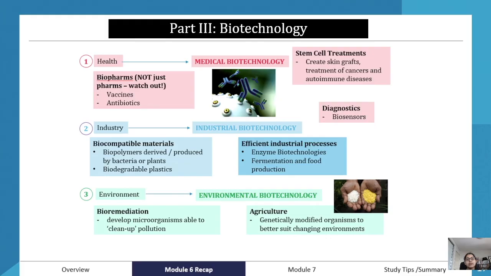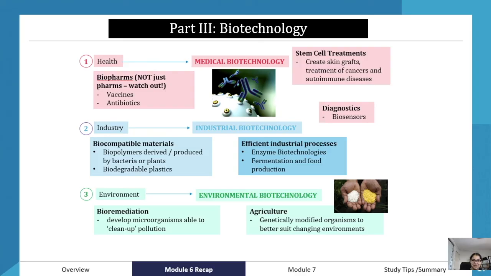So there are 3 different uses of biotechnology that we are looking at. Firstly, we're looking at the use of biotechnology in health, so medical biotechnology. Examples of that include biofarms, but those are not the only one. The big examples of medical biotech are vaccines and antibiotics.